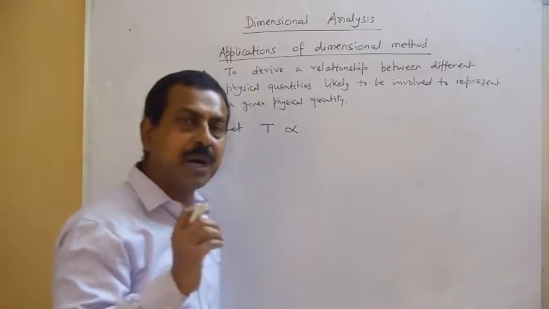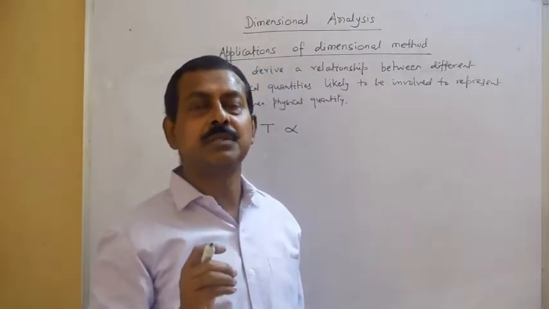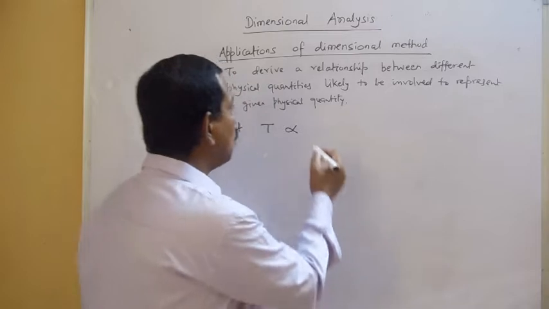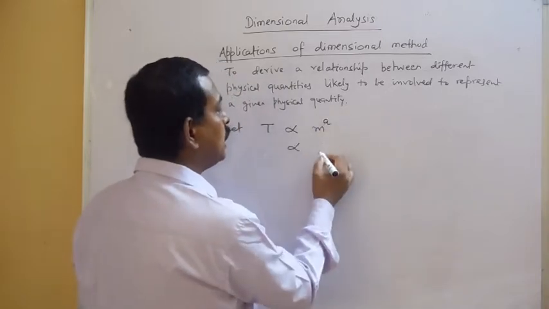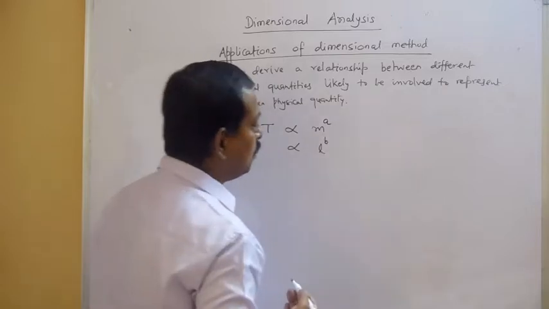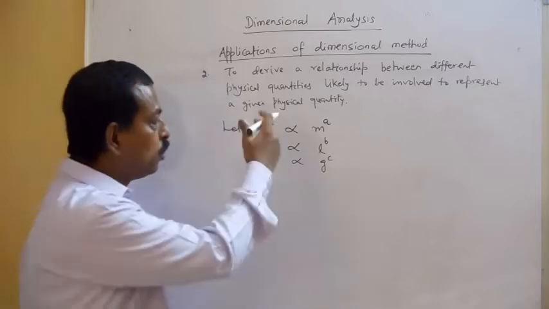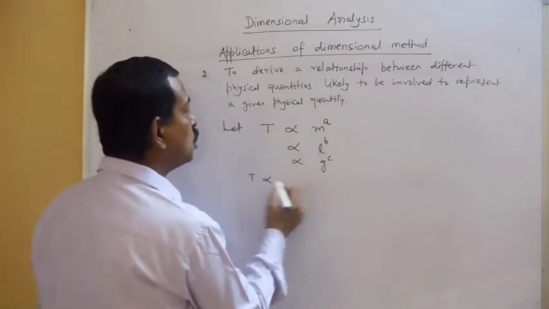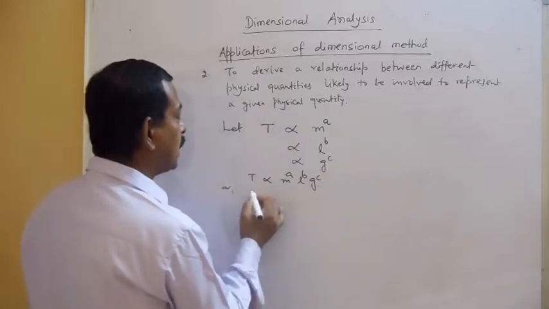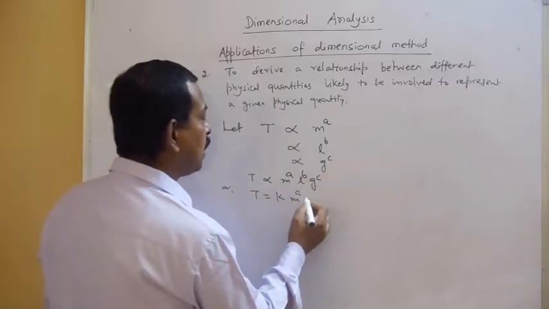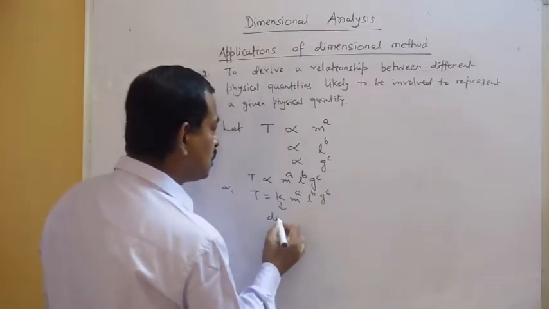You just take their powers as A, B, C. If it is said that the time period of a simple pendulum depends upon the mass of the bob, we'll assume that the time period T is proportional to m power A, effective length L power B, and acceleration due to gravity g power C. If you combine, you get T proportional to m^A L^B g^C, or we can write T equals K m^A L^B g^C, where this K is a dimensionless constant.